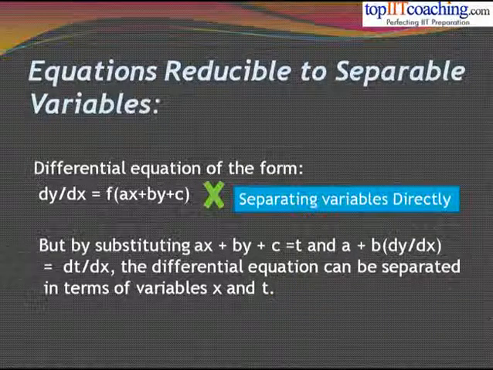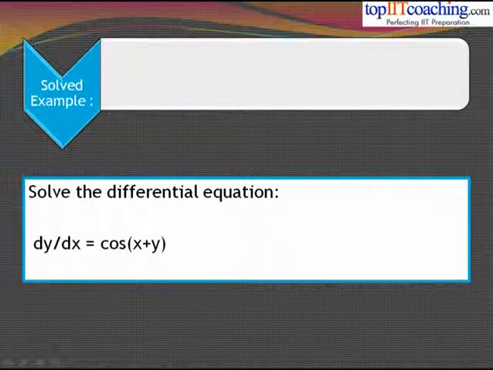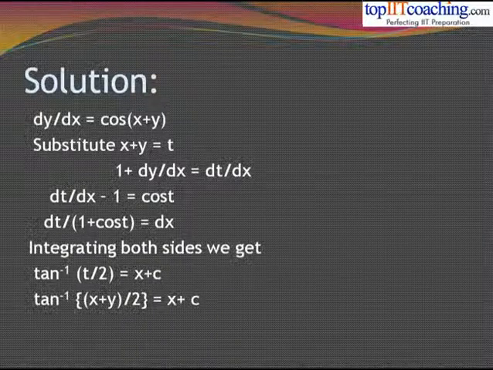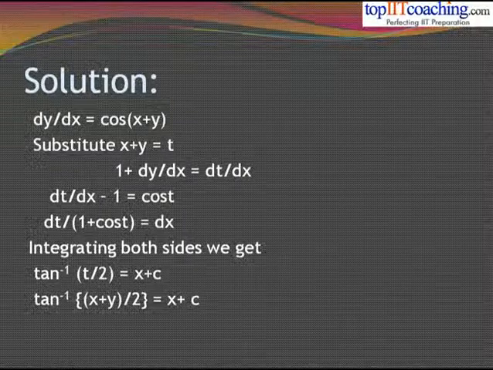Let's try to see an example. Solve the differential equation dy by dx equal to cos of (x plus y). So we have to solve the differential equation dy by dx equal to cos of (x plus y). Can we solve this equation by variable separable method? Yes, we can do that, but there is some modification involved.